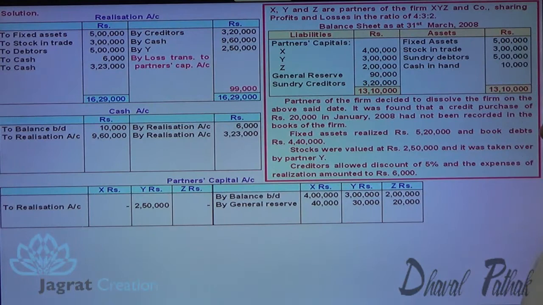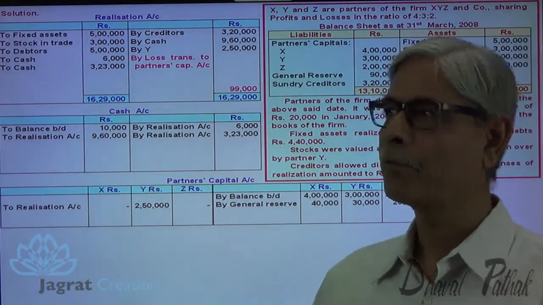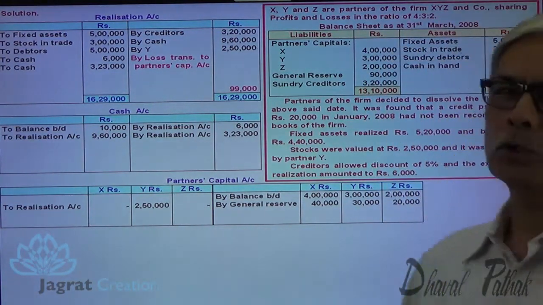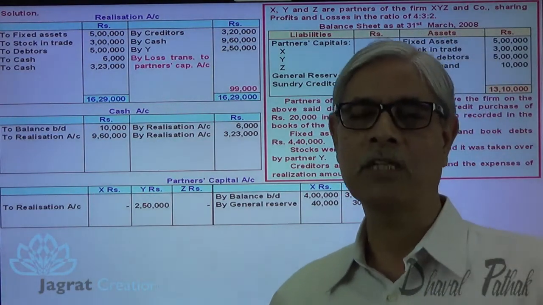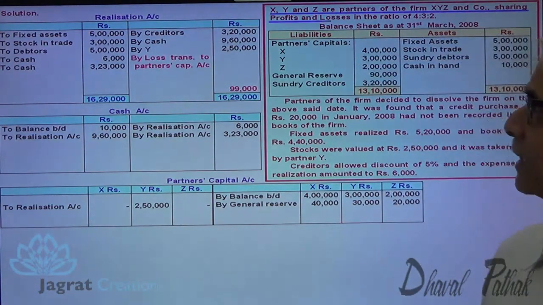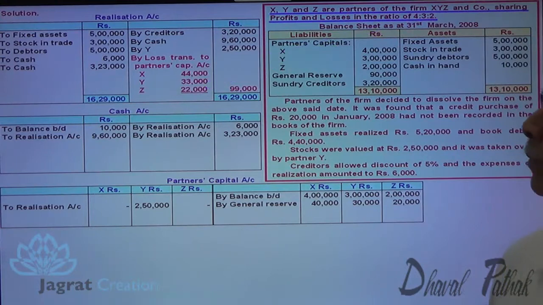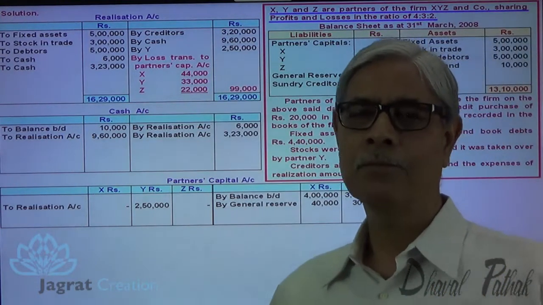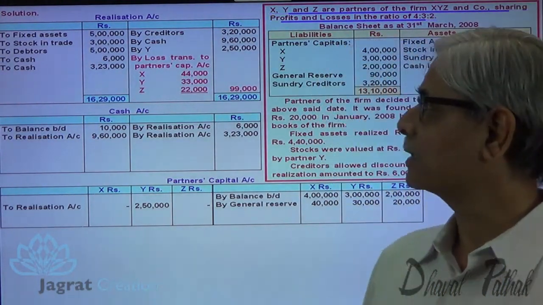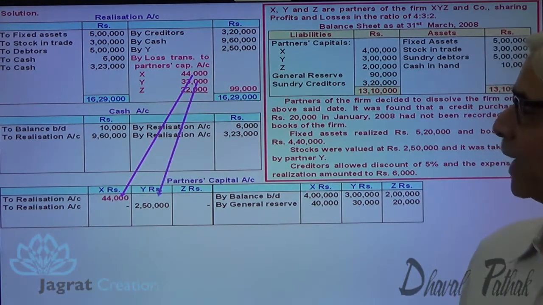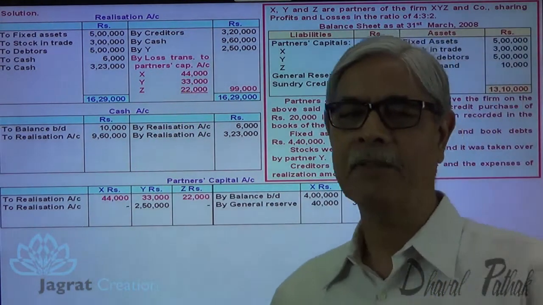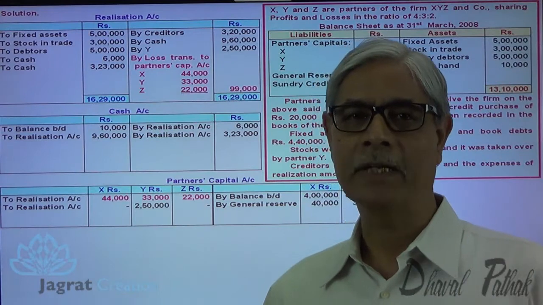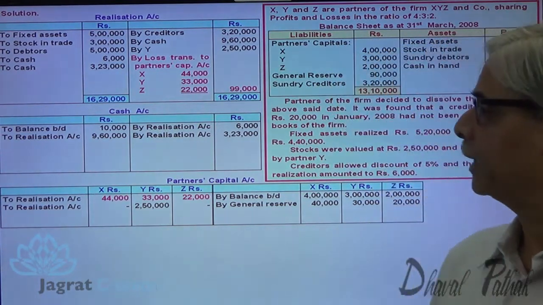So loss transfer to partners capital account 99,000. Their profit sharing ratio is 4:3:2. So 44,000, 33,000 and 22,000 is the loss of XYZ that is required to be debited to the partner's capital account. So X, Y and Z's capital accounts are debited with the loss on realization of assets and settlement of liability.